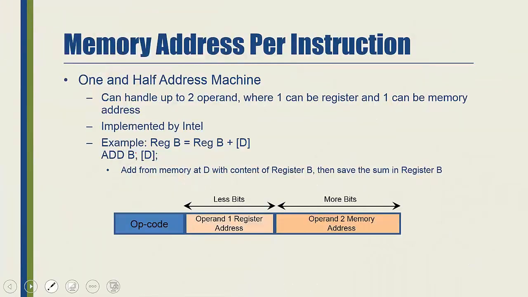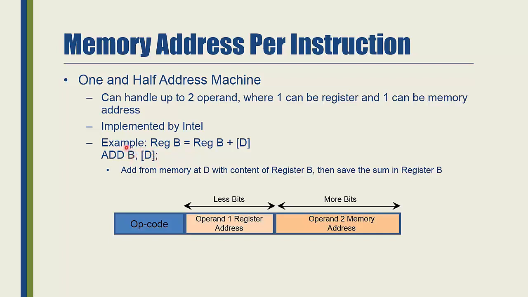There is also a concept of one-and-a-half address machine, where the machine can handle up to 2 operands, but one can be a register and the other one can be a memory address. This mixing of data target and source is implemented by Intel. For example, we can add a value from memory into register B and keep it in B. So we write add B, [D], and D is kept in square brackets to show that it is a memory location or a variable.